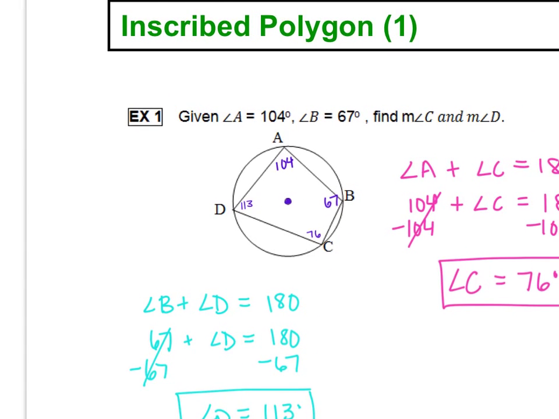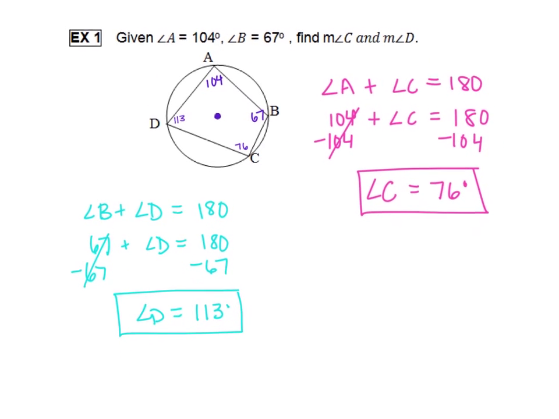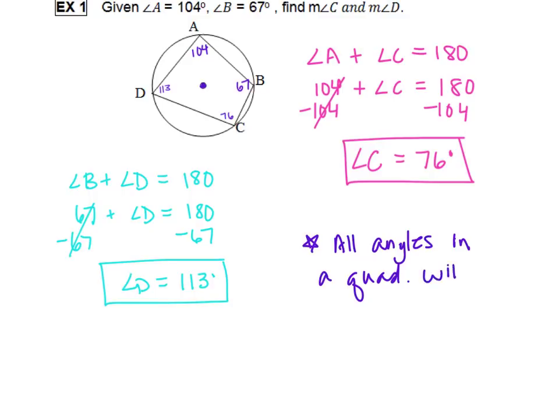All right, so we used our first theorem to find our missing angles of this inscribed quadrilateral. One other thing just to note, kind of a side note over here, that all your angles in a quadrilateral, so anything with four sides, will add up to, anyone remember what it is? 360 degrees.